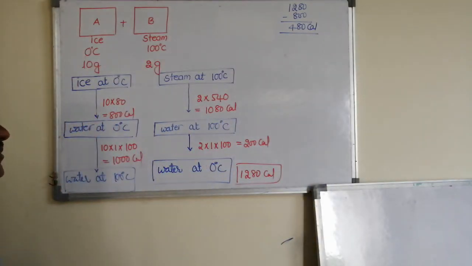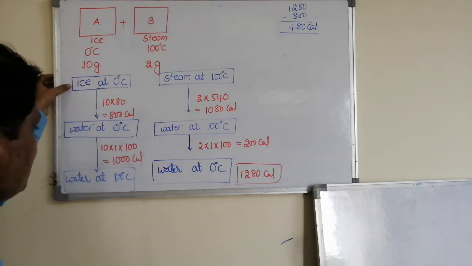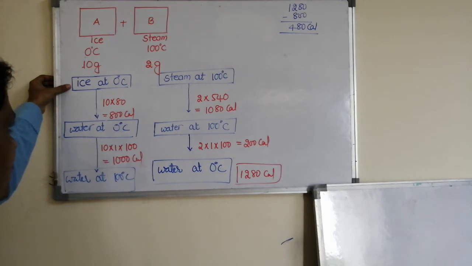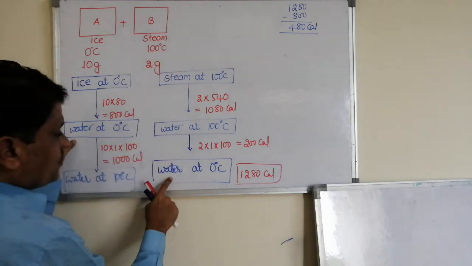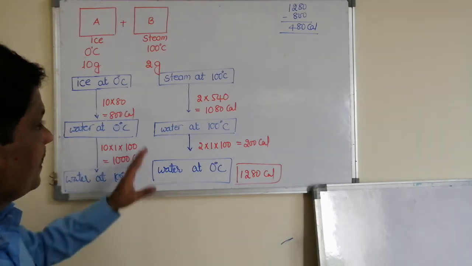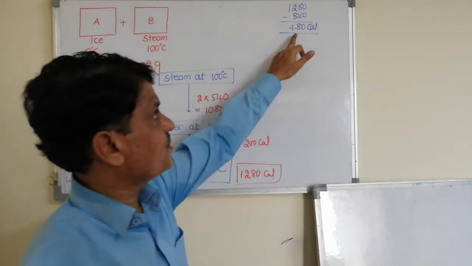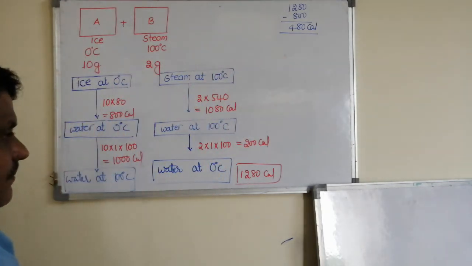Okay, fine. So it means when ice at 0 degrees Celsius goes to water at 0 degrees Celsius, and steam is also brought to 0 degree Celsius, then it has extra 480 calorie, means the mixture has 480 calorie.